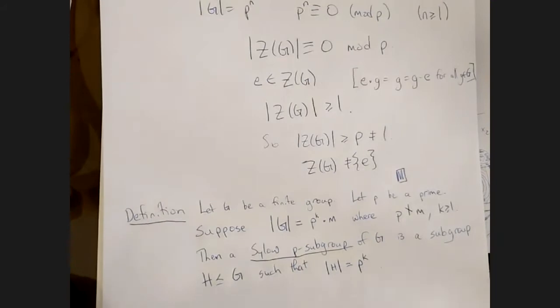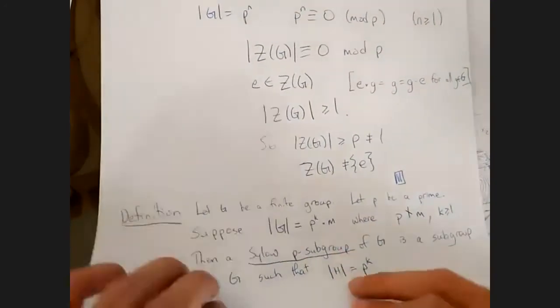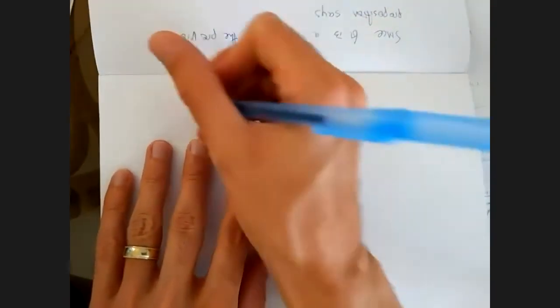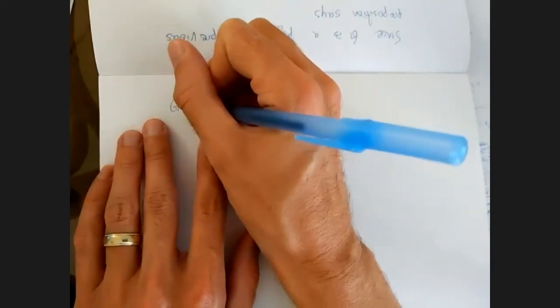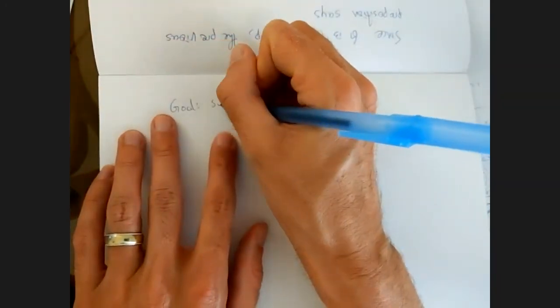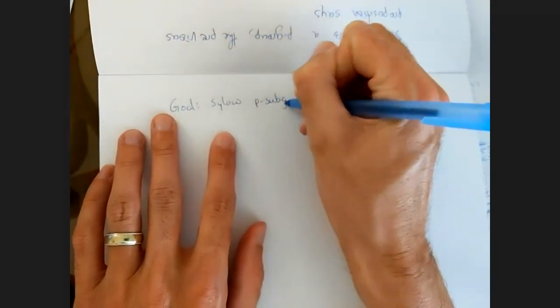So our first goal is to show that Sylow P subgroups exist.